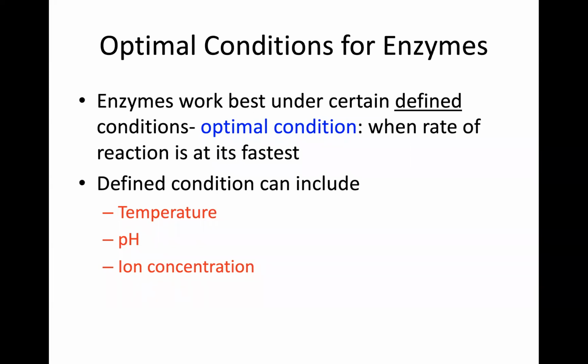Remember, we said the job of the enzyme is to speed up the rate of the chemical reaction. It's going to do that and work best under optimal conditions. These predetermined conditions include the temperature, the pH of the solution or reaction, the ion concentration, a number of different factors that are preset and must be met in order for these enzymes to function at their best.